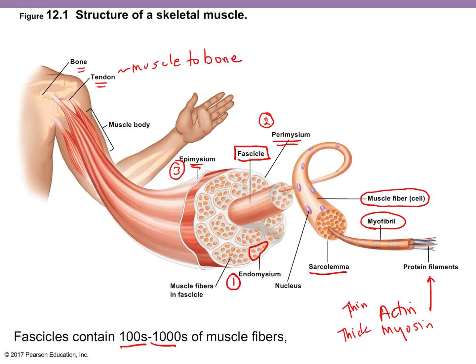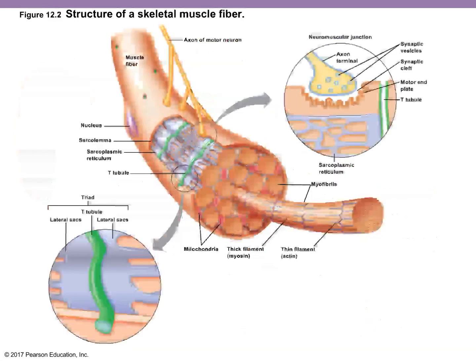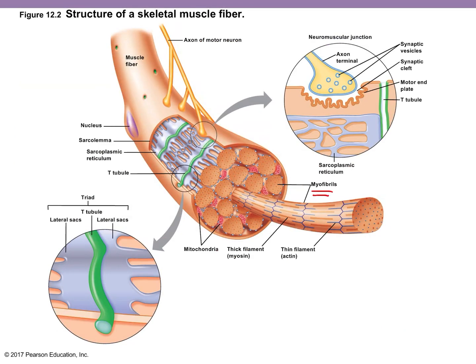All right, so moving on to the inner part of the microanatomy of a muscle fiber, coming back into our myofibrils, just to take a look at our thin and thick filaments. We'll take a look at a sarcomere in just a second. Notice that we have many mitochondria within the muscle cell because muscles are always using ATP.